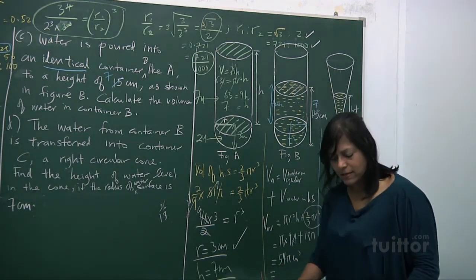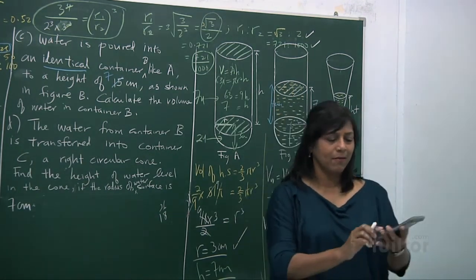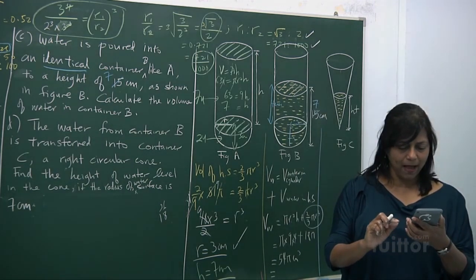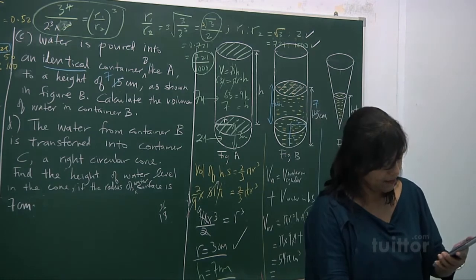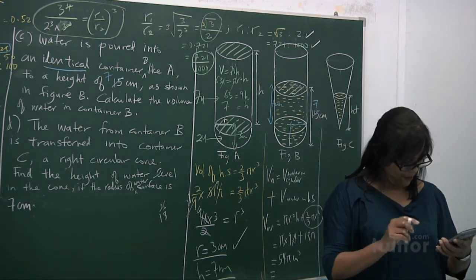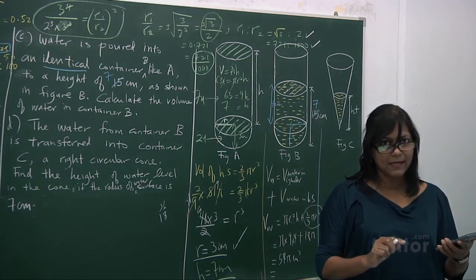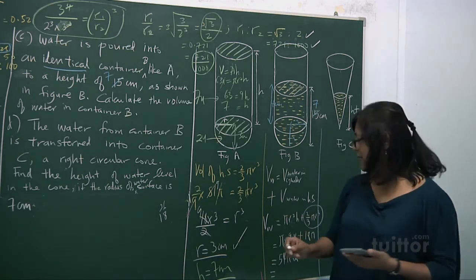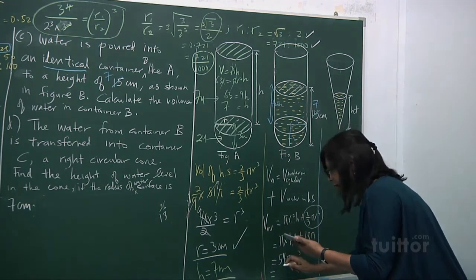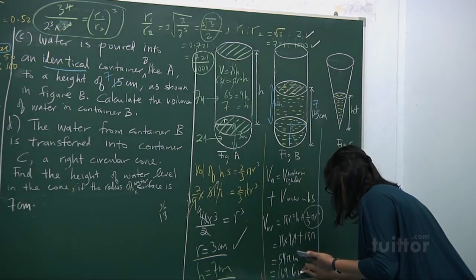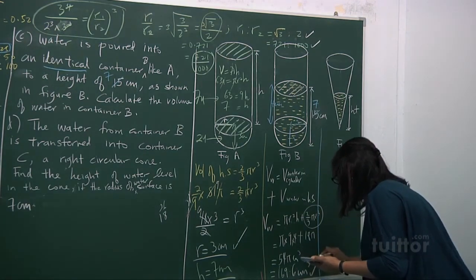Now express it to 3SF. Press it, 54 times pi. Many of you are very quick, I know. With your fingers, you got the answer, and put it to 3SF, it gives you 169.6 cm cube. That's the volume of water.